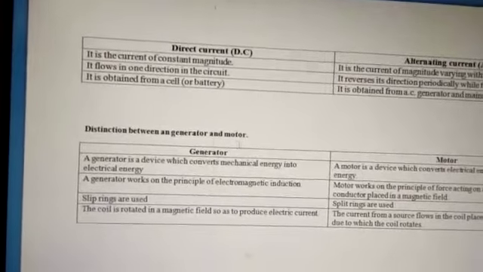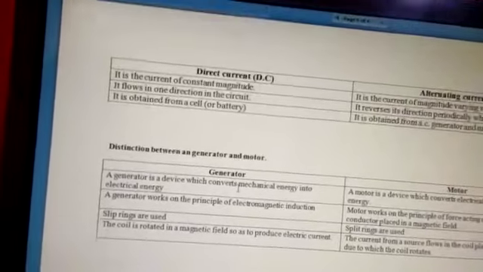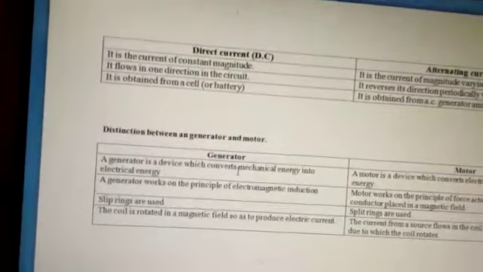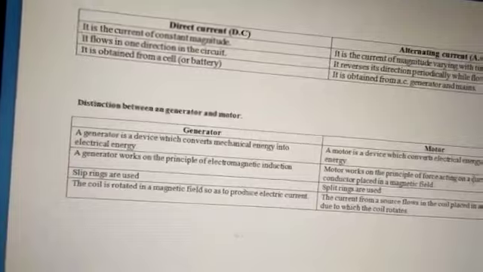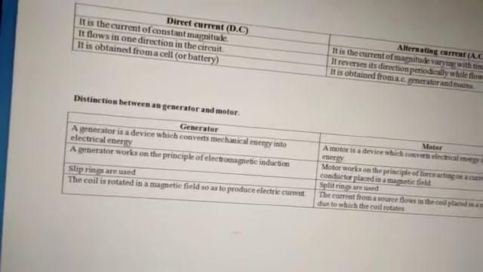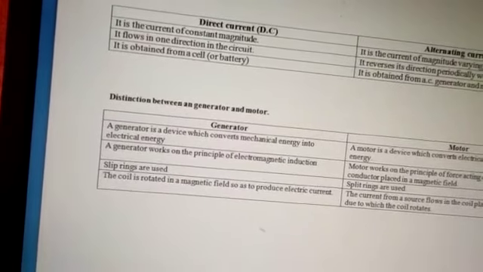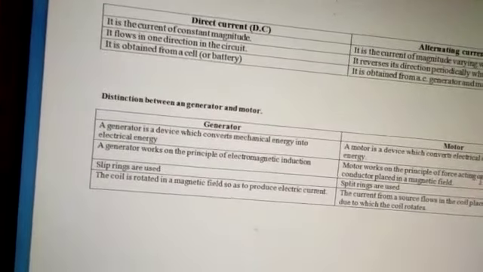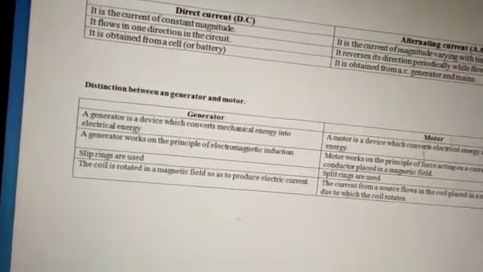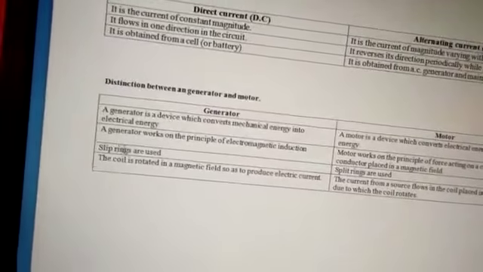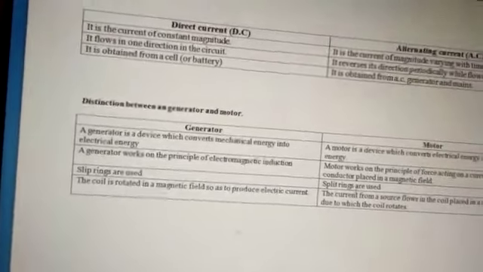A generator works with the principle of electromagnetic induction, the induced EMF. EMF is induced because of the relative motion between the magnet and the coil. But a motor works with the principle of the force acting on a conductor carrying current, placed in a magnetic field. That is called a motor. Here slip rings are used, and in the motor split rings are used, as in the diagram itself.